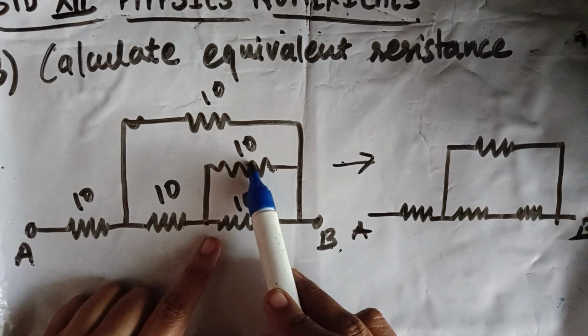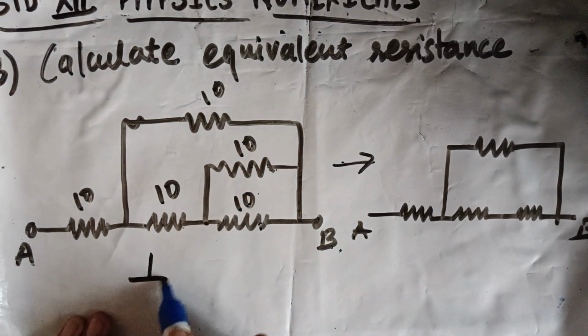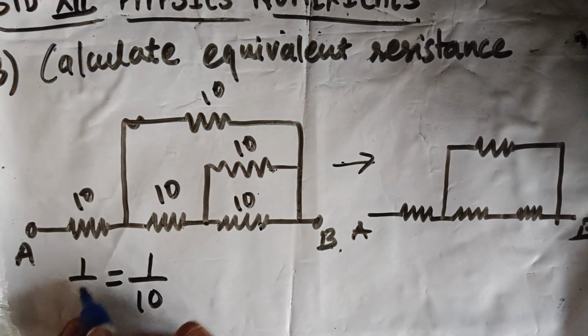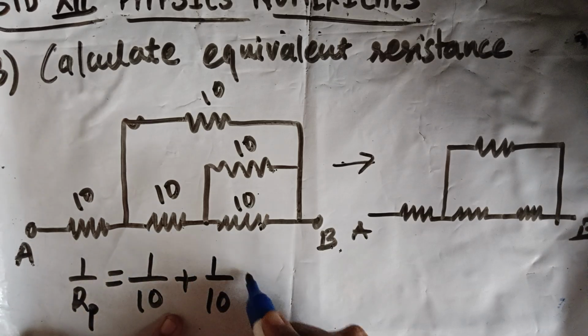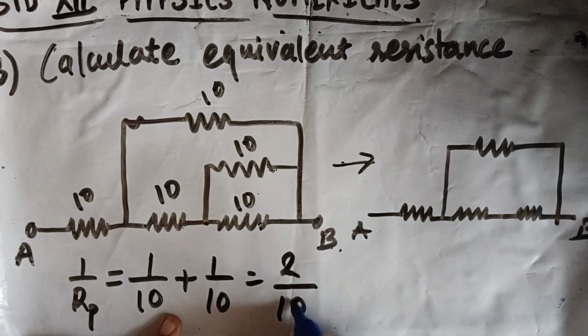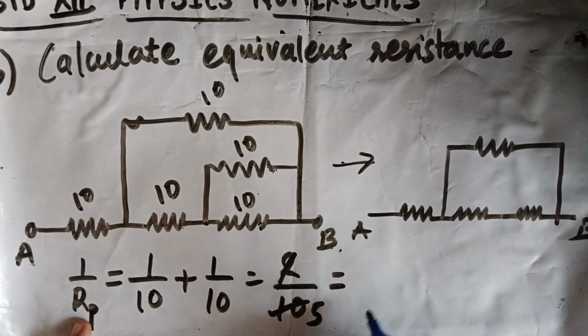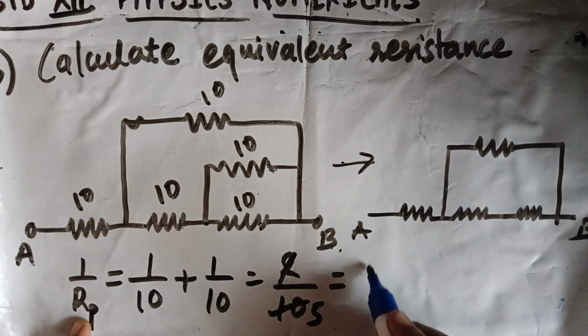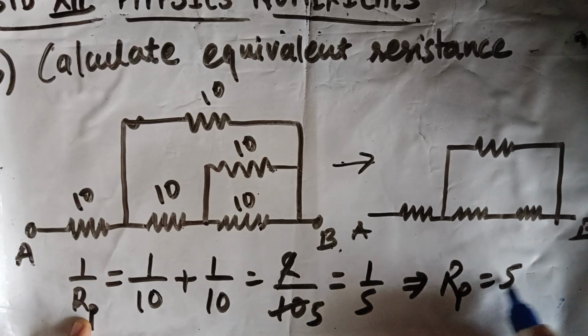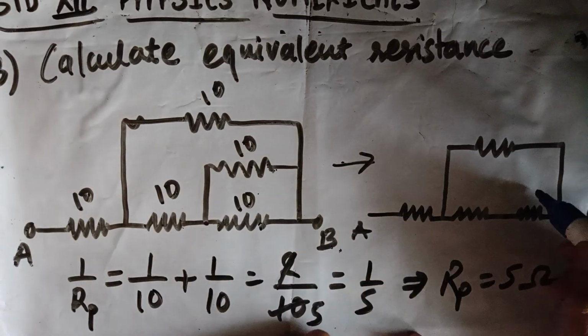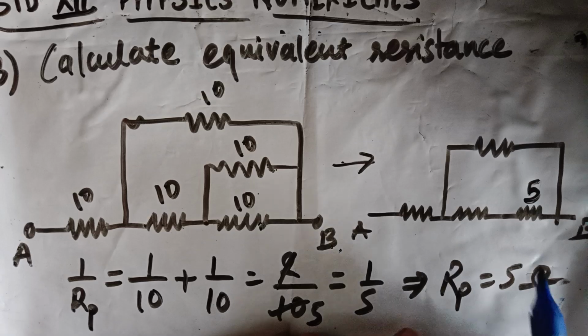These 2 are in parallel, so I'll write RP. This RP comes to be 5 ohm, so this is 1 upon 5. So this is your 5 ohm resistance.